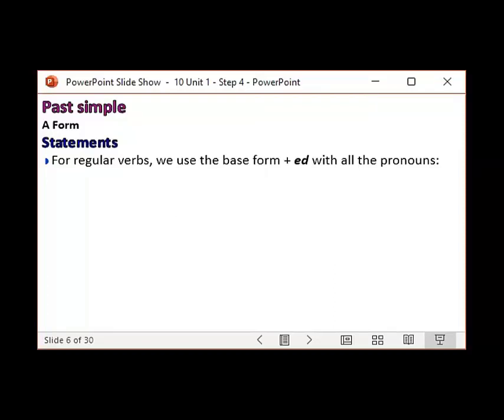You must keep in your mind, with regular verbs, if you want to get verb 2, you can add d, ed, or ied.